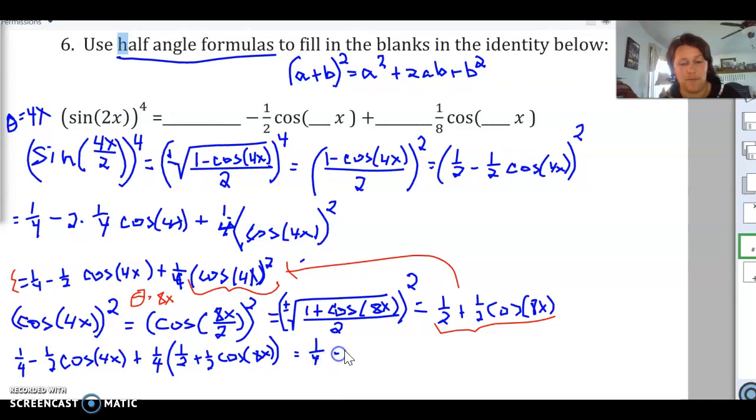But 1/4 minus 1/2 cosine of 4x plus, now I've got to distribute this 1/4 through. So I've got plus 1/8 plus 1/8 cosine of 8x.